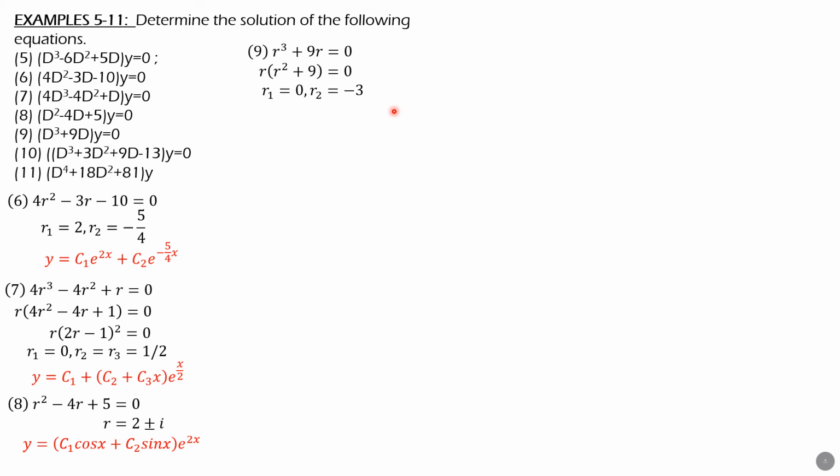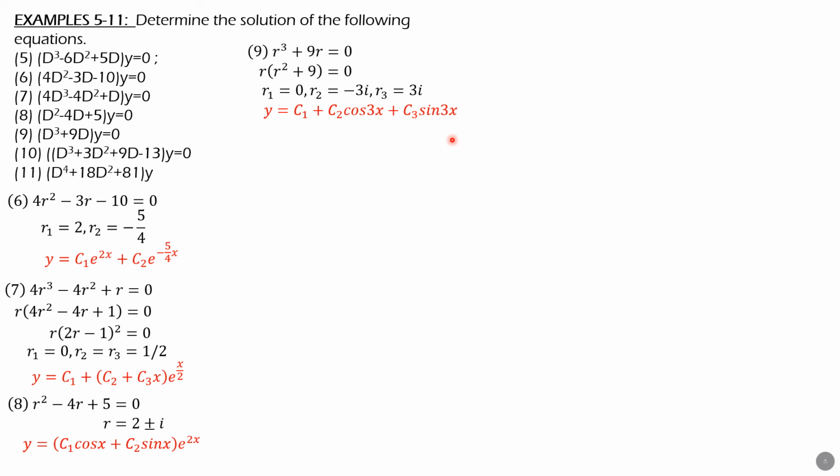So the solution would be y equals c sub 1 for the root r1, and for the pure imaginary roots, they are represented by the terms c sub 2 cosine 3x plus c sub 3 sine of 3x. So this is the answer.